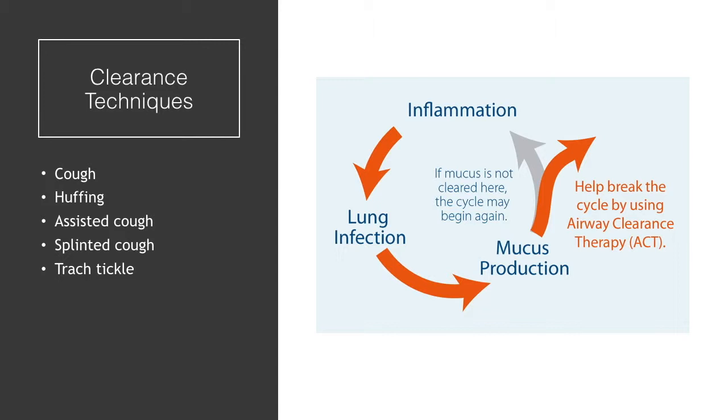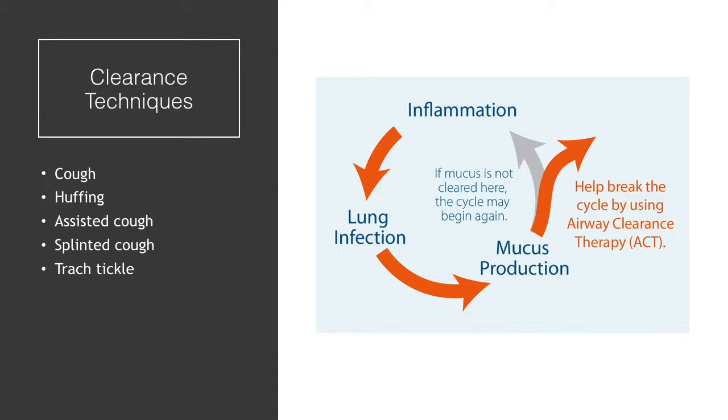The first being just a cough, huffing, an assisted cough, where we physically assist them to compress their thorax and forcefully expire. A splinted cough, which is effective for individuals who may have sutures in place on their thorax or their abdomen.